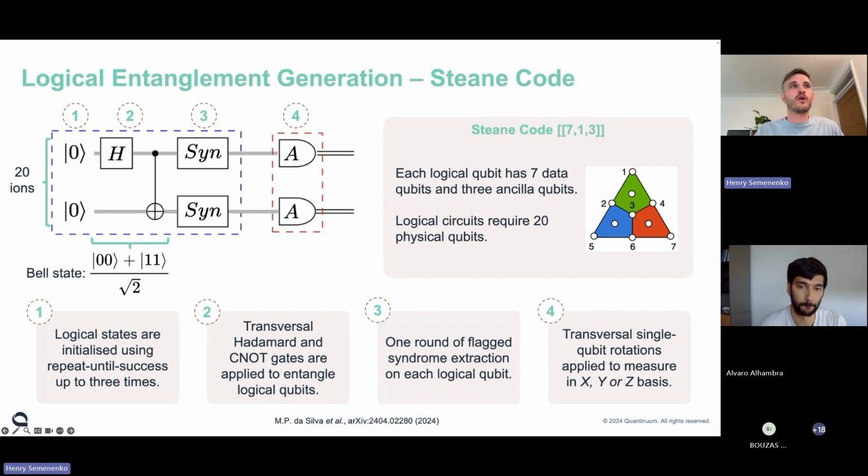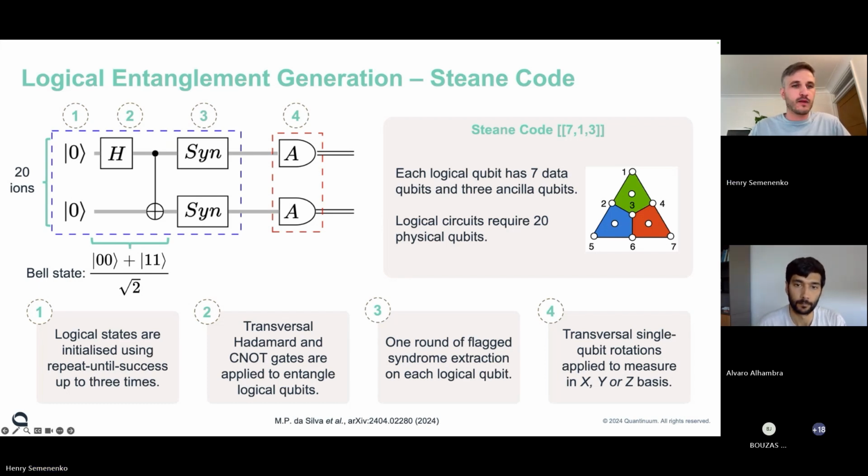The circuit on the left, which generates logical entanglement, uses 20 physical qubits, so there are 20 ions in this circuit. The idea is to generate a logical Bell state, which is entanglement between 2 logical qubits that are encoded independently with our Steane code.